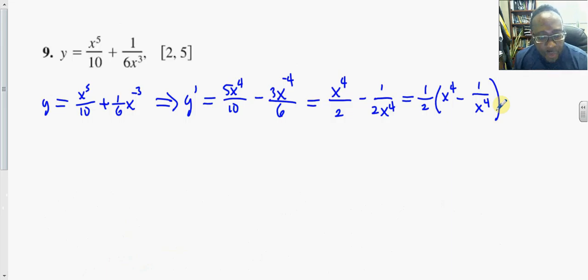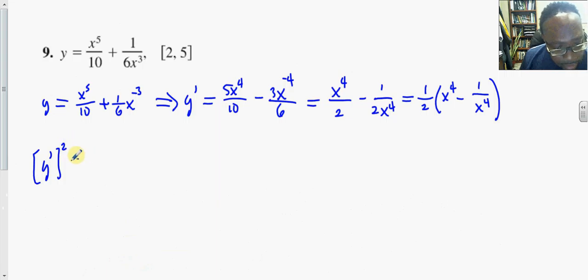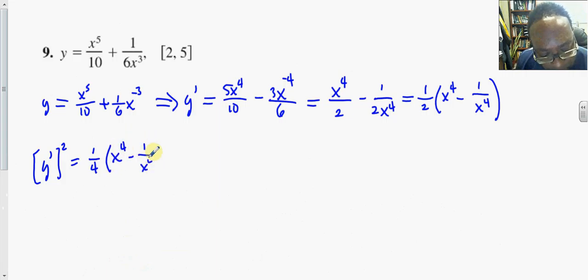So now we have to square that guy. So this is y prime to be squared. So this is 1/4 times x to the 4th minus 1 over x to the 4th, to be squared.